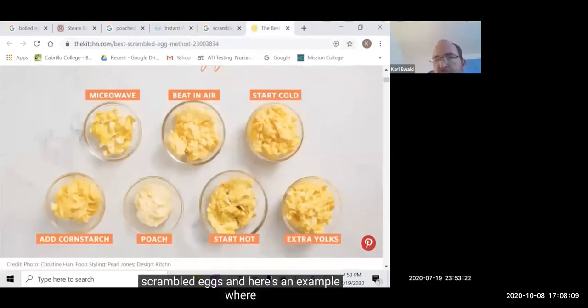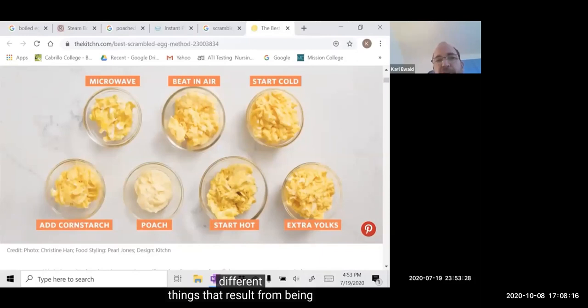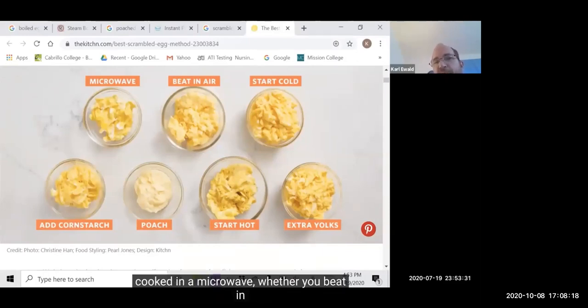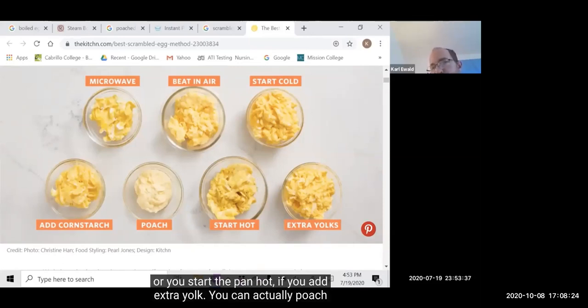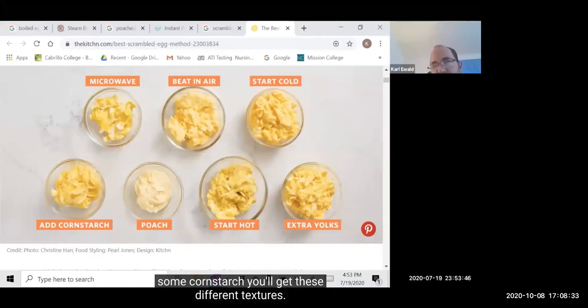And here's an example where they're looking at the different textures and the different things that result from being cooked in a microwave, whether you beat some air into the eggs, whether you start the pan cold or hot. If you add extra yolk, you can actually poach scrambled eggs. I hadn't ever done that. Or if you add some cornstarch, you'll get these different textures.